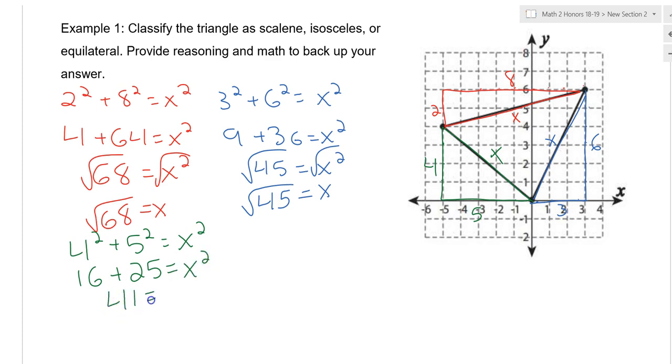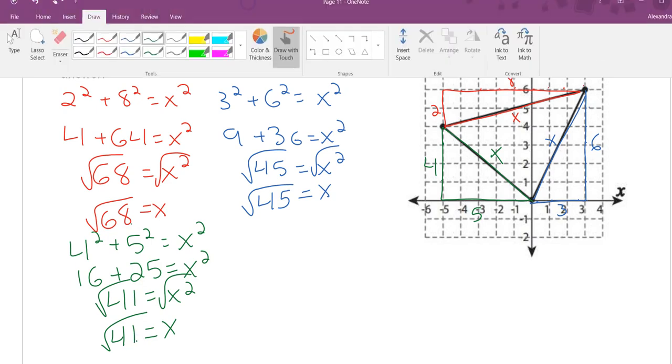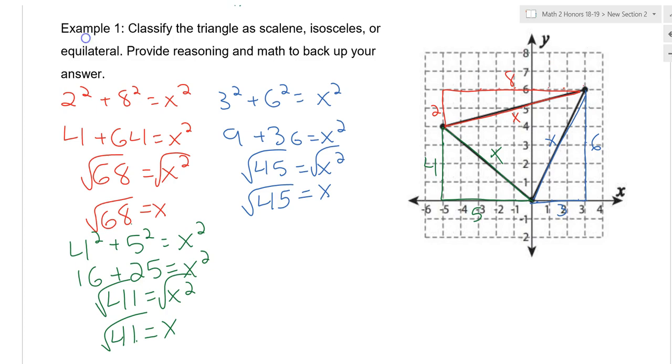Adding, 41, take the square root. So we have square root of 68, square root of 45, and square root of 41. All three of those are different, so that makes this a scalene triangle.